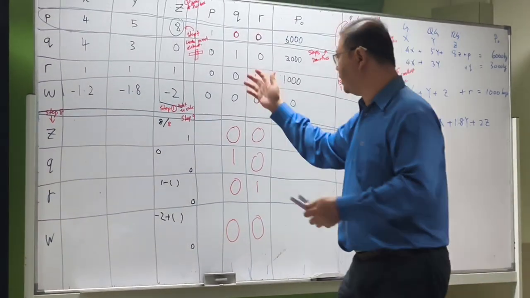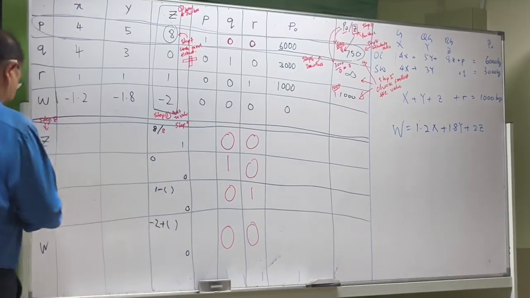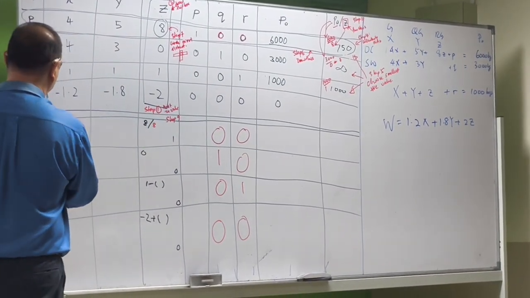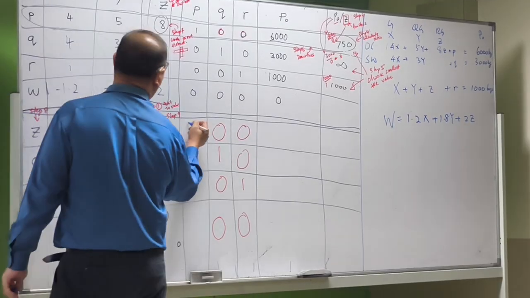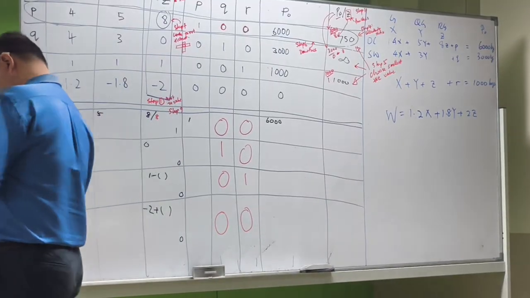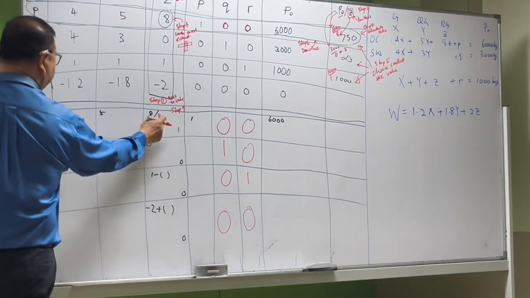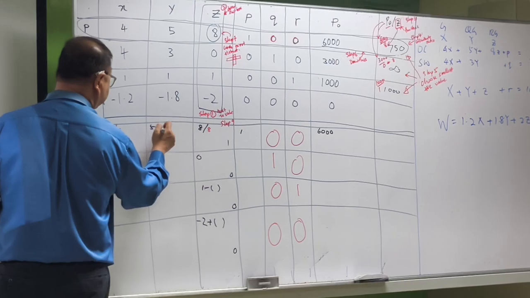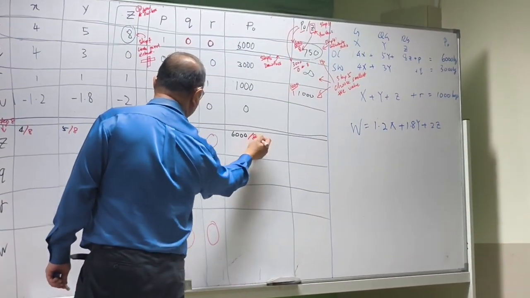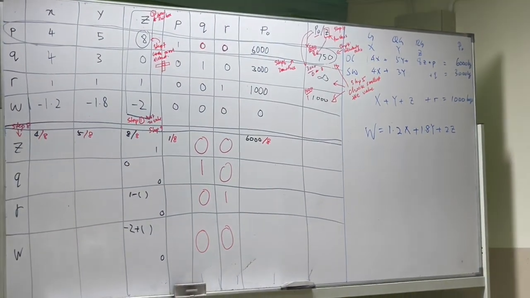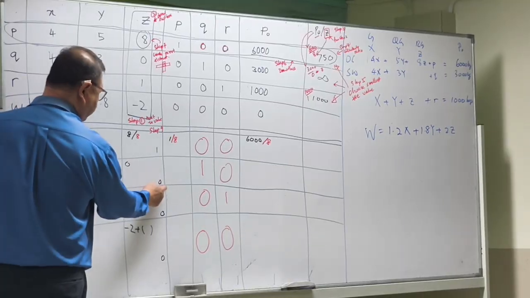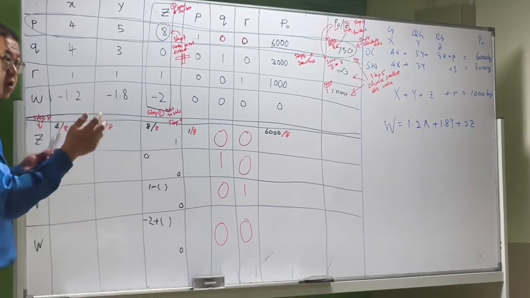So once you get the equation, now we can continue. Copy down original value 4, 5, 1, 6,000. Format divided by 8 throughout. So this one, is it 0? Yes, it's already 0. So no operation needed.